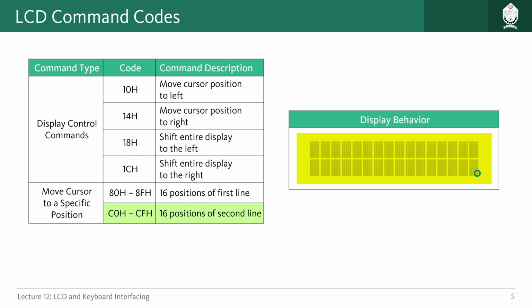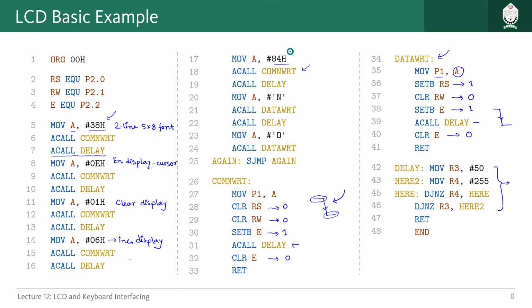So that's why we have selected 84 here. 84 is basically 80, 81, 82, 83, 84, so from this block we want to start writing. For the code here we have used 84. That means for line 1, position 4, we are going to start writing.